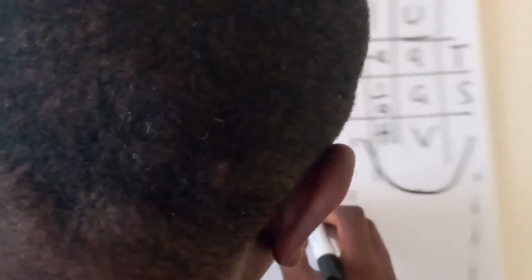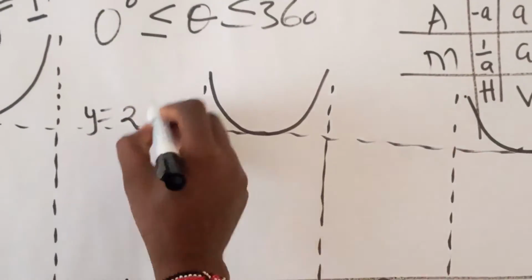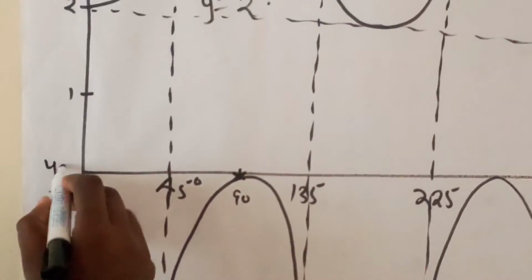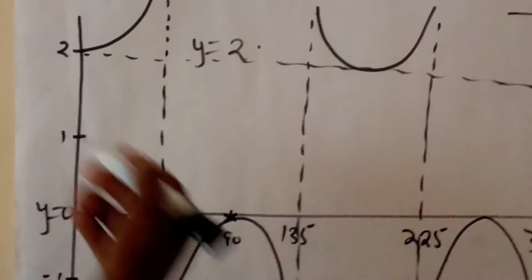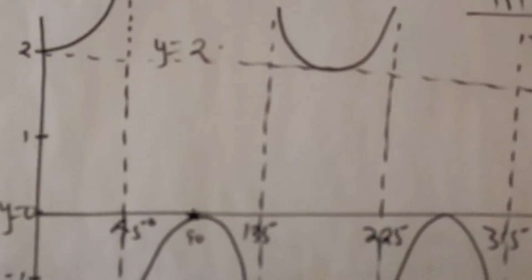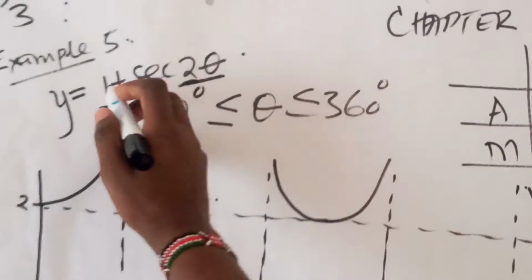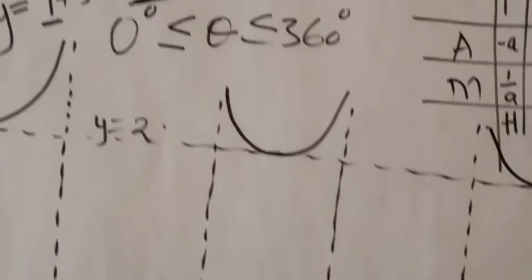So along this line of the turning points, this is the line y equals 2. And this is the line y equals 0. Because this +1 means that all y values plus a 1. And what we are having now is the graph of y equals 1 plus sec 2 theta.